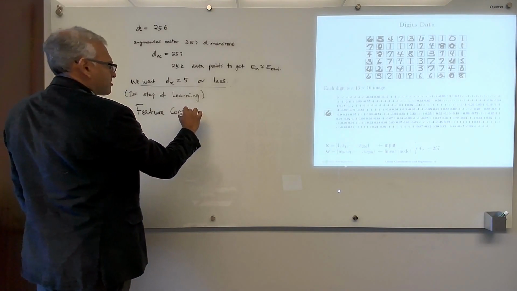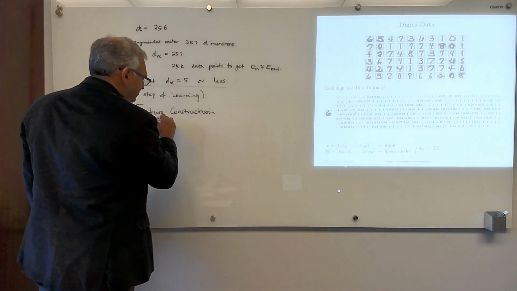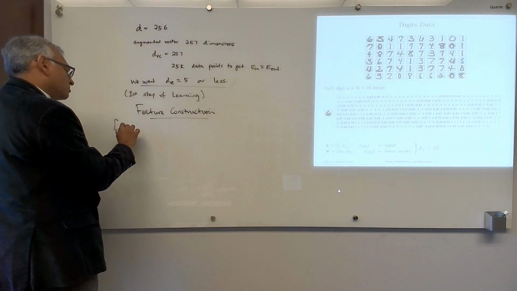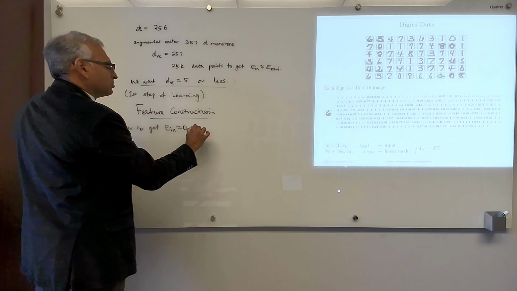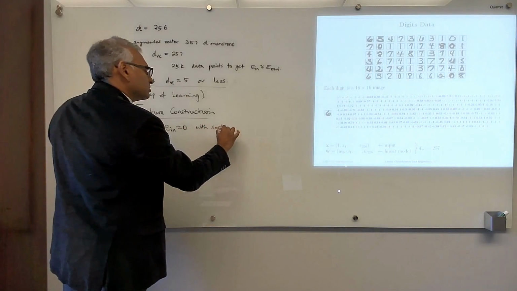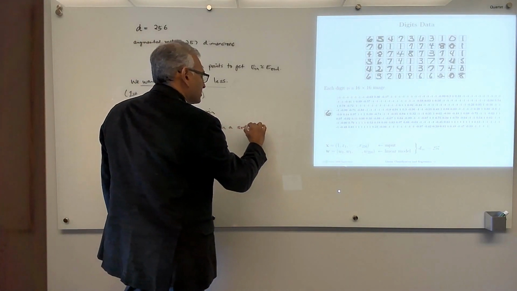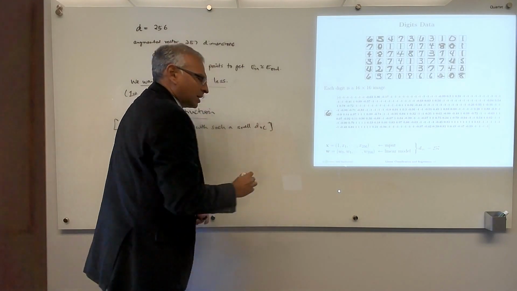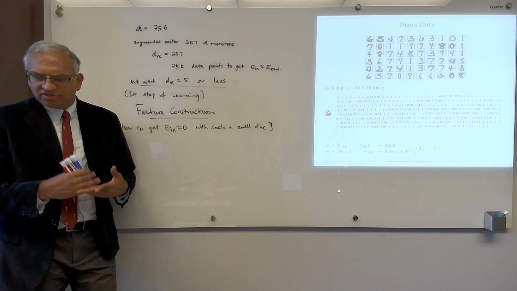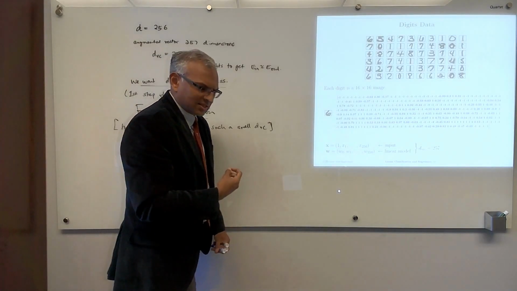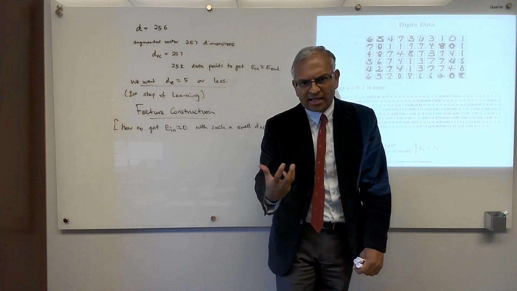Or how to get E in approximately 0 with such a small dvc. Okay? And if you look at the dictionary definition of the word feature, it's sort of something conspicuous, something that's distinctive, something that identifies an object.